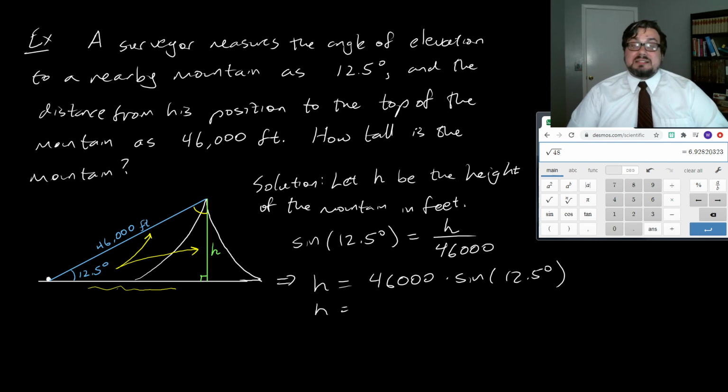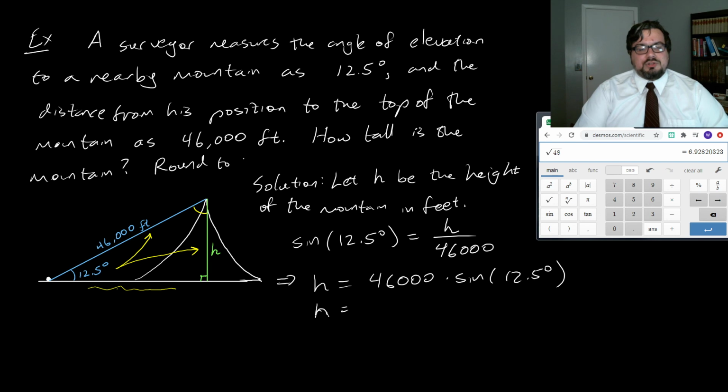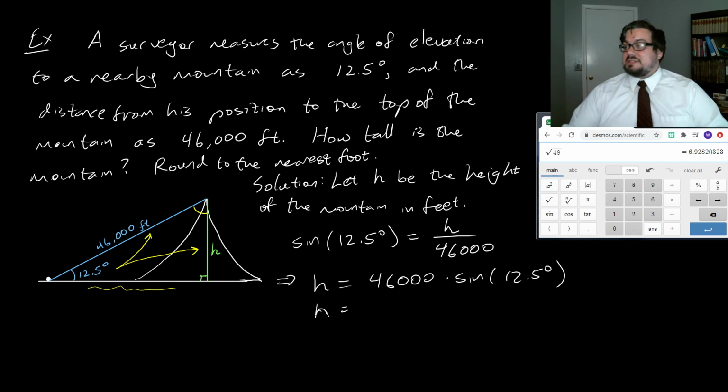Now, I forgot to specify again what level of approximation to use. So let's suppose the problem said round to the nearest foot. So we've got h is equal to 46,000 times sine of 12.5, and this is exactly where we can go to a calculator to help us out.